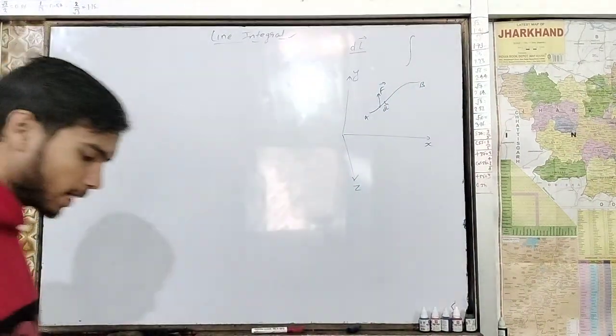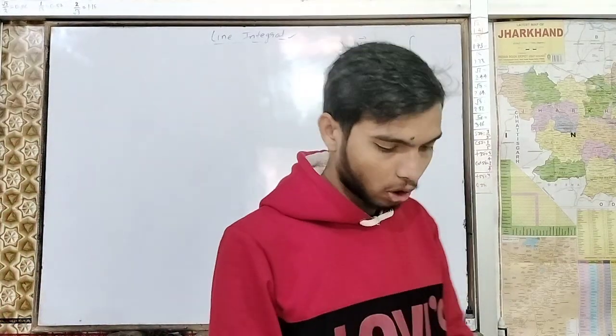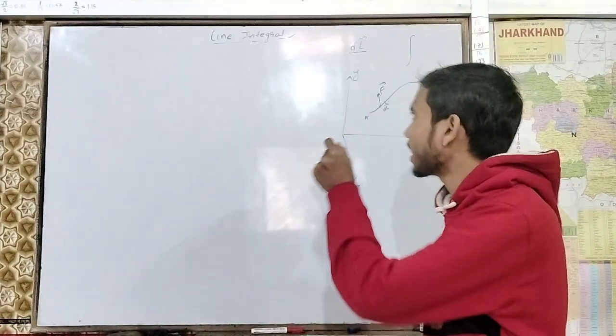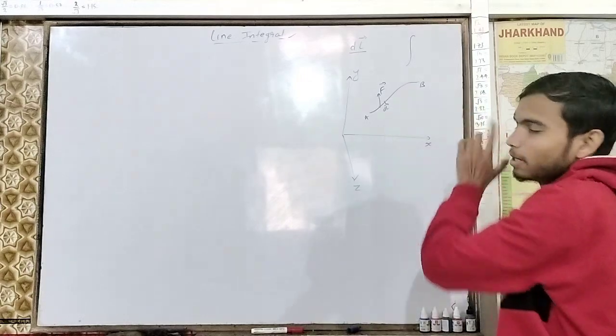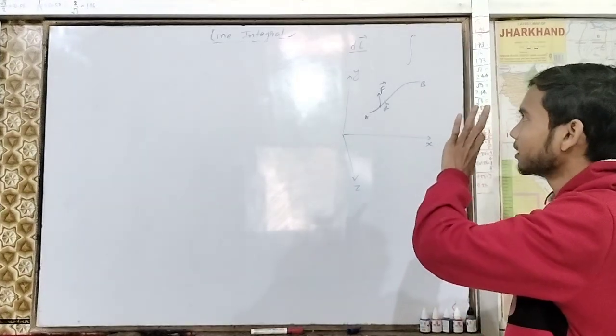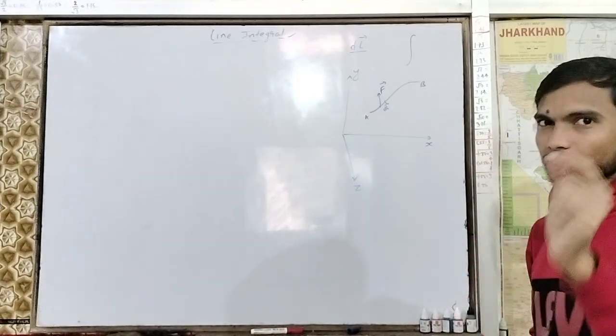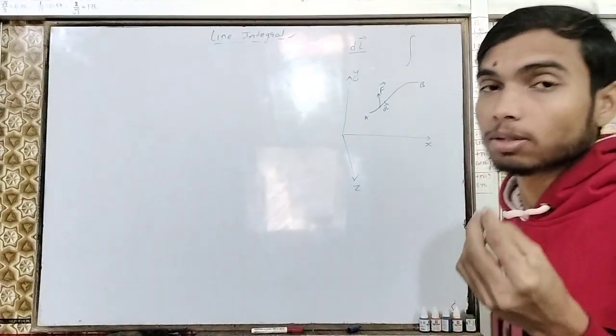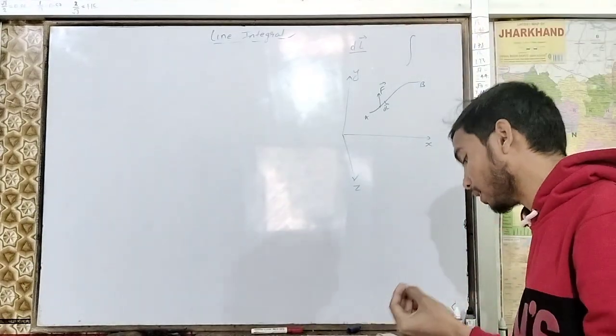So the PPT is saying that dl is the line element of length. This is just a line element, a small element of the complete length.